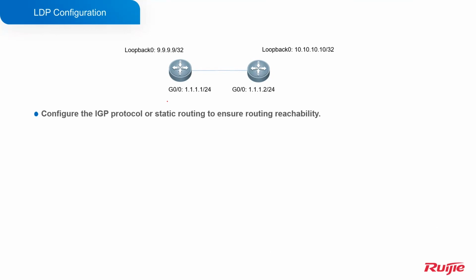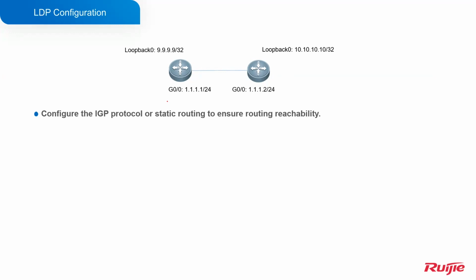The basic step is you must configure the IGP protocol or maybe static routing to ensure the routing is reachable. Because if you want to establish the LDP session, you must keep the TCP connection ready. All the LDP sessions will be encapsulated into the TCP protocol.